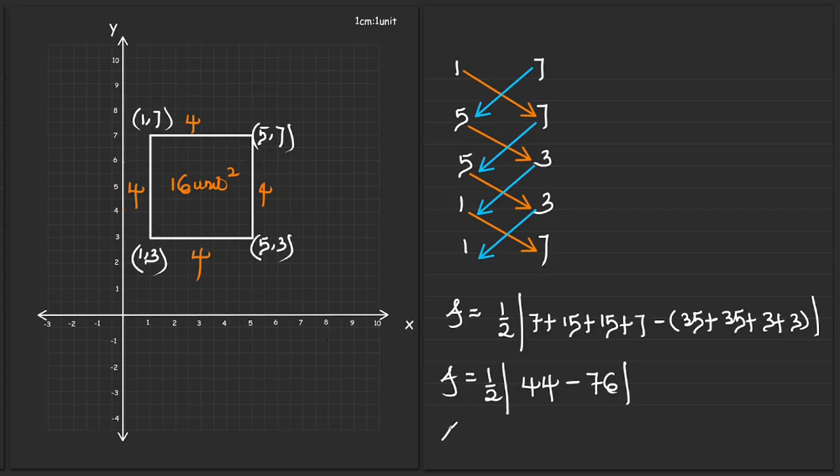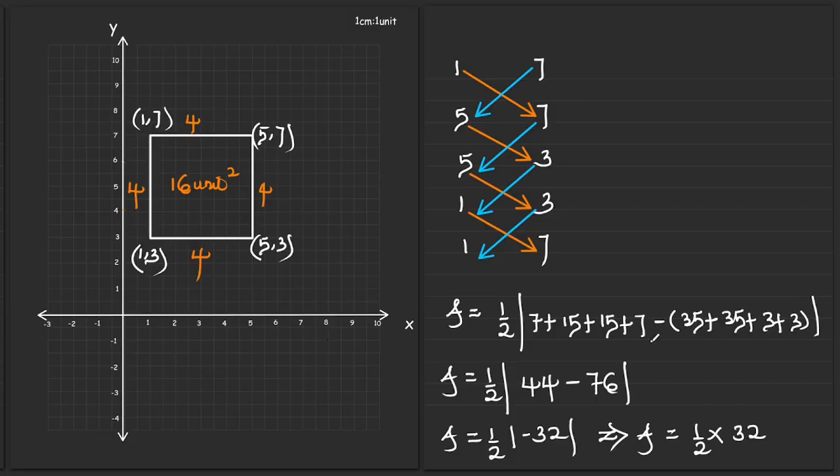So we have A being equal to 1 over 2, then this one gives us negative 32. But take note, it is the absolute value we want, so we don't work with the negative. Hence, we simply say the area is equal to 1 over 2 times the absolute value of 32, which is 32.